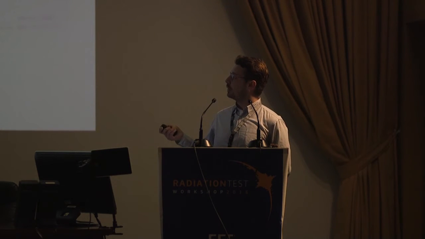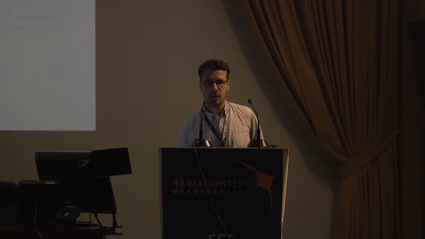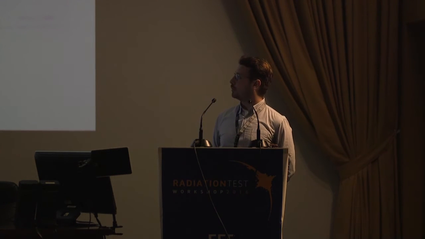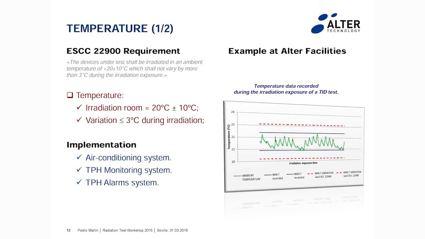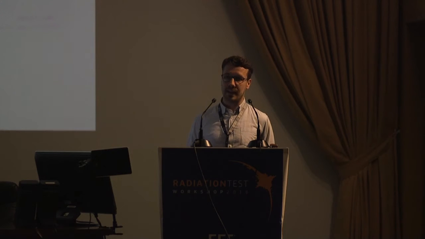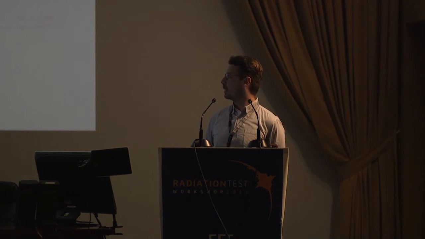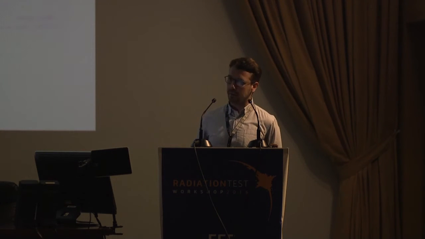This requirement is not easy to comply with if you are not in a position to have a good air conditioning system or a good monitoring of the humidity, pressure, and temperature during the radiation. It's not easy to keep the temperature within 3 degrees. In our case, we have implemented a monitoring system that allows us to see the trend of the temperature and to change the conditions before exceeding the limits.